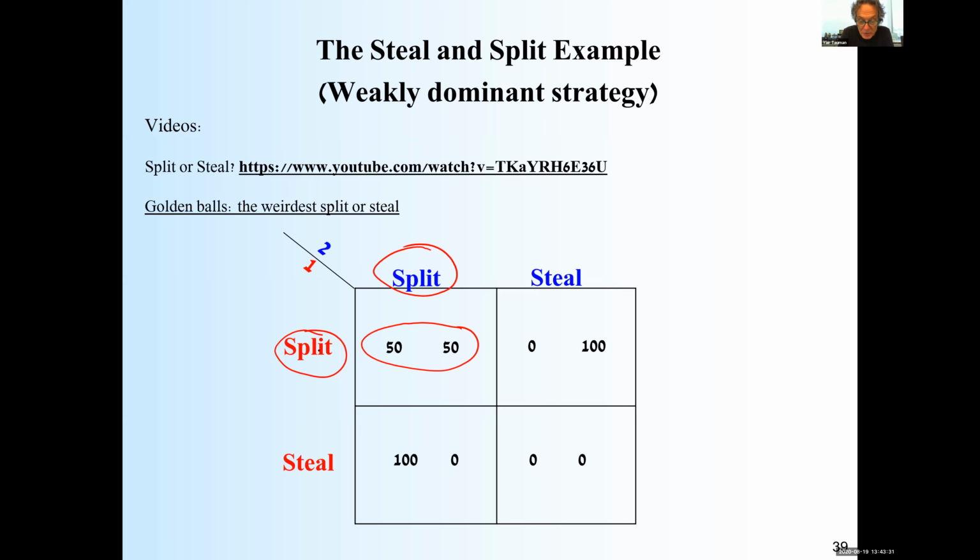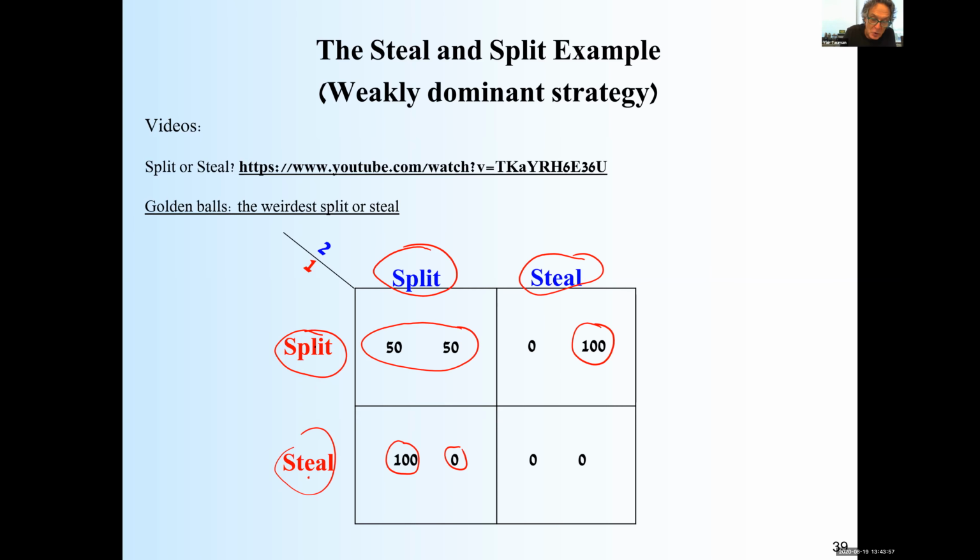If player one chooses the split ball and player two chooses the steal ball, player one loses, the steal wins, and he gets the entire 100. Opposite, if player one goes for the steal and player two for the split, then player one wins 100, player two gets nothing. But if both of them steal, then none of them get anything. That's the rule of the game.